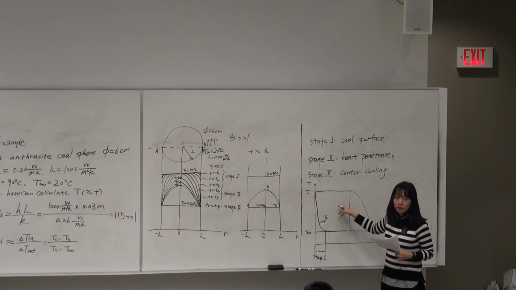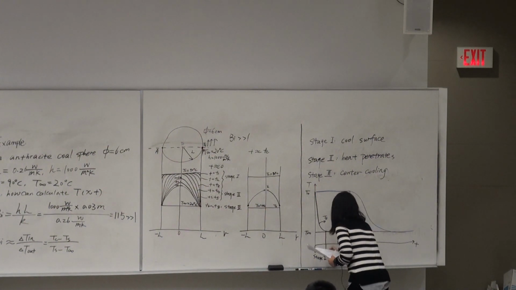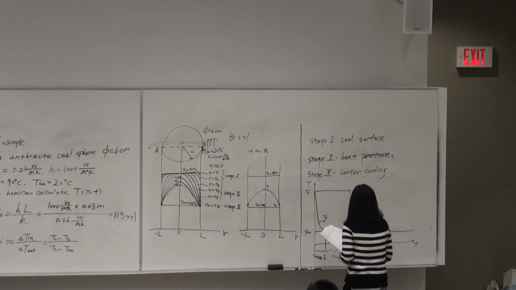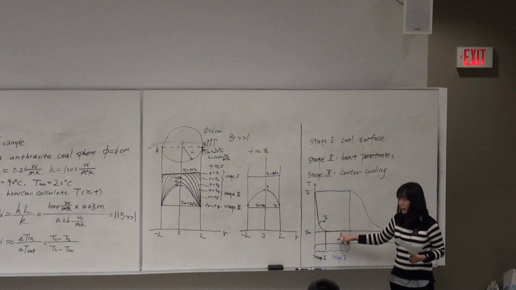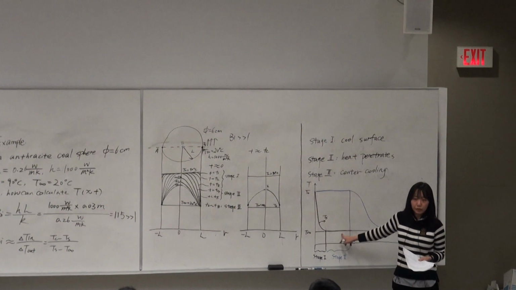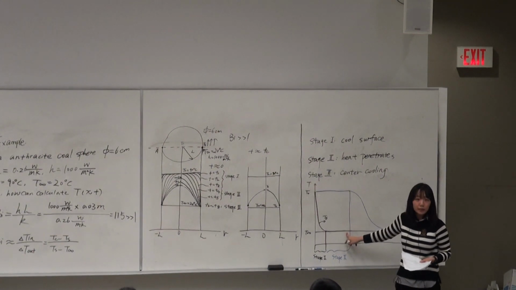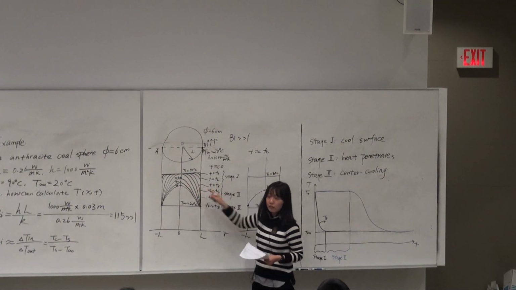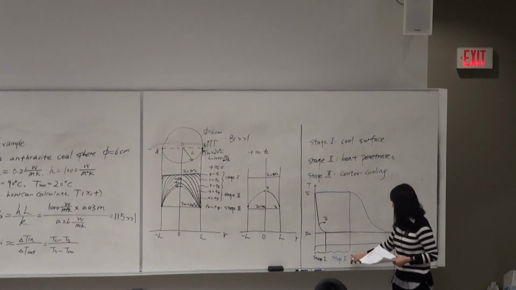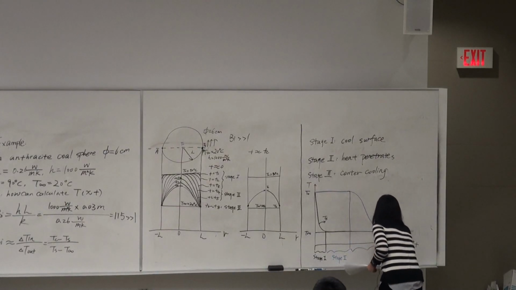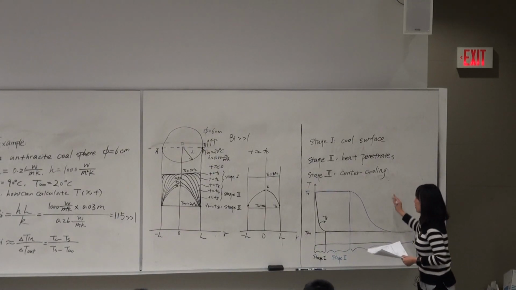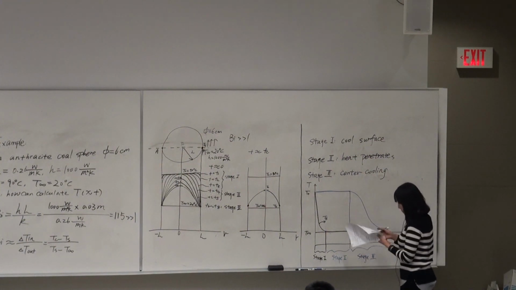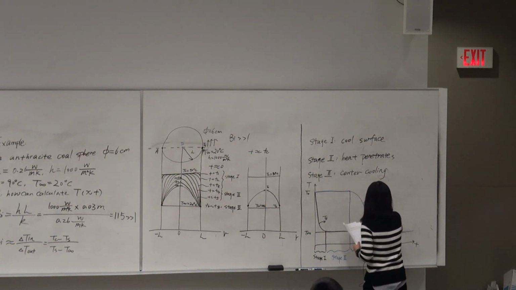So the stage where it still remains at the initial temperature, we call stage 2. At this stage, the surface already cooled down and maintains the same temperature as the fluid, but the center takes time for heat to penetrate. That's our stage 2. And after that, that's the cooling of our center. That's stage 3.